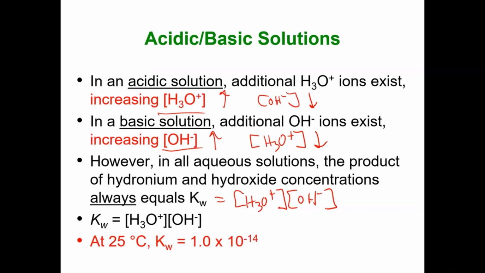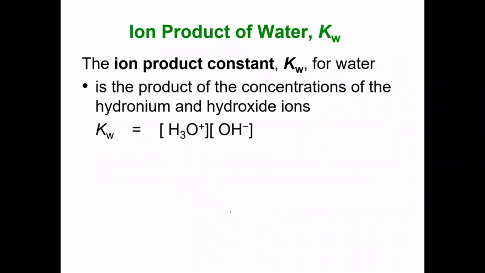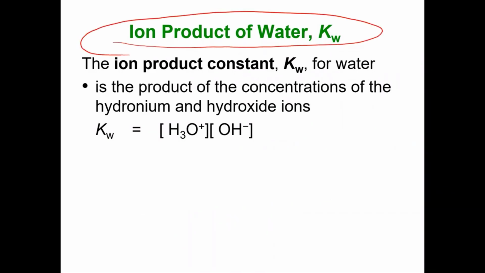And we're going to use Kw and the hydronium and hydroxide concentrations to figure out in different acidic and basic conditions what those concentrations are. So that will be next time. So next time, we'll take advantage of the Kw value and we'll solve specifically for hydronium and hydroxide concentrations.